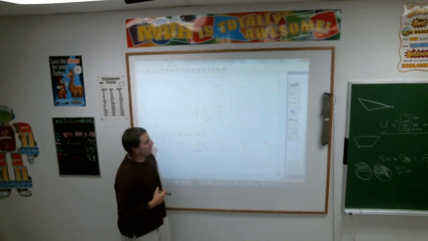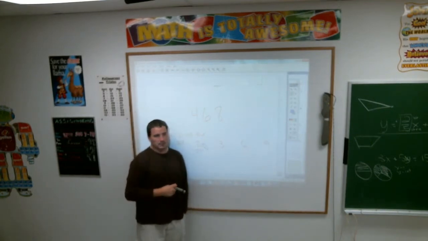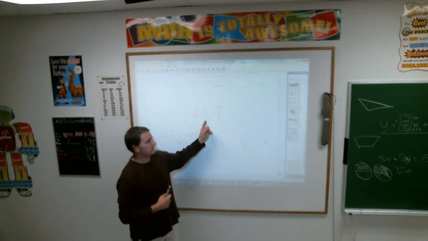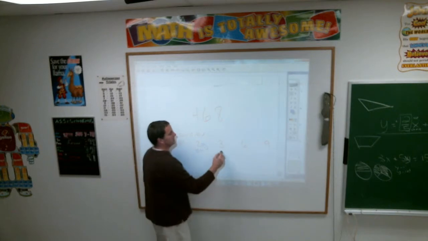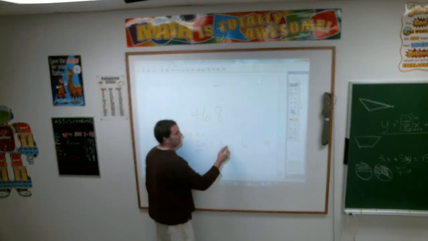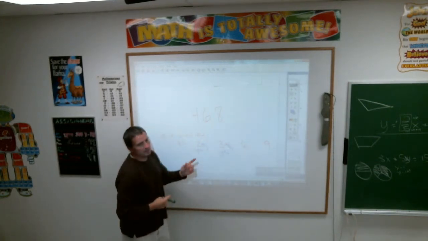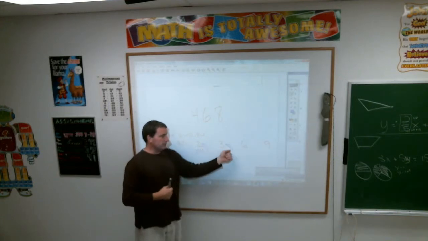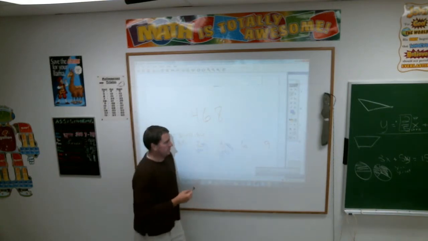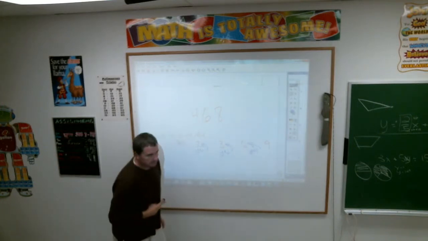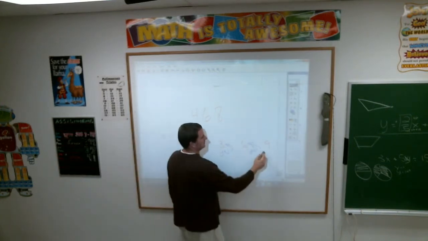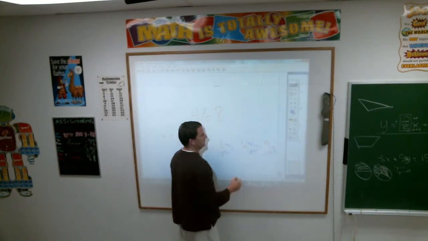Is it divisible by 3? Yes. Add the digits together. 4 plus 6 is 10, plus 8 is 18. Does 3 go into 18 evenly? Yes. Now, is it divisible by 6? Yes. If it's divisible by both of these, it's obviously divisible by 6. And is it divisible by 9? Yes, because it is 18.